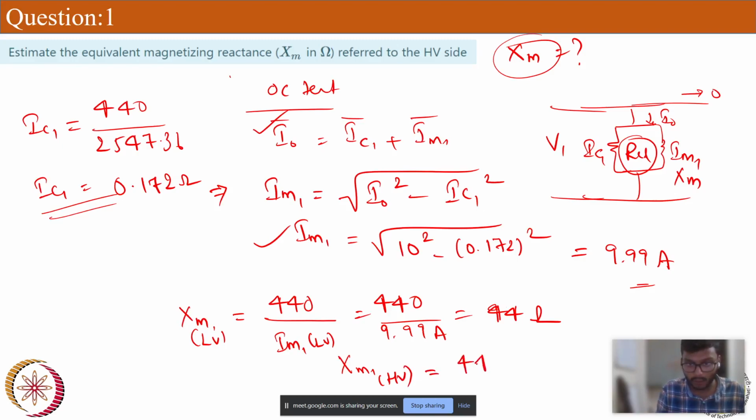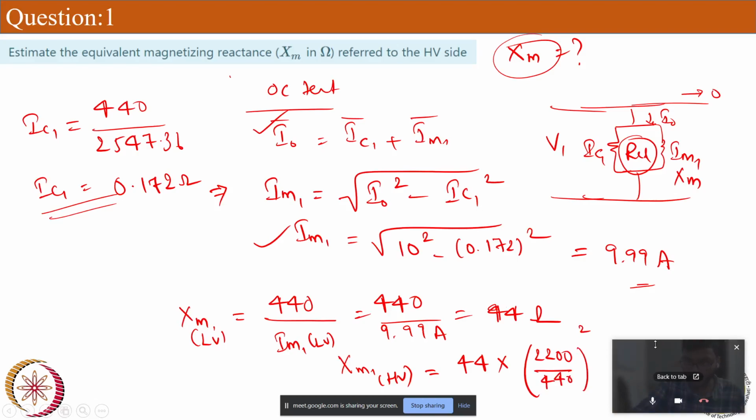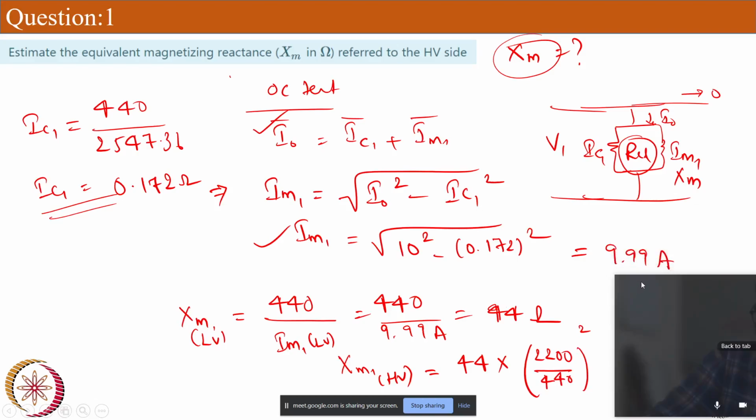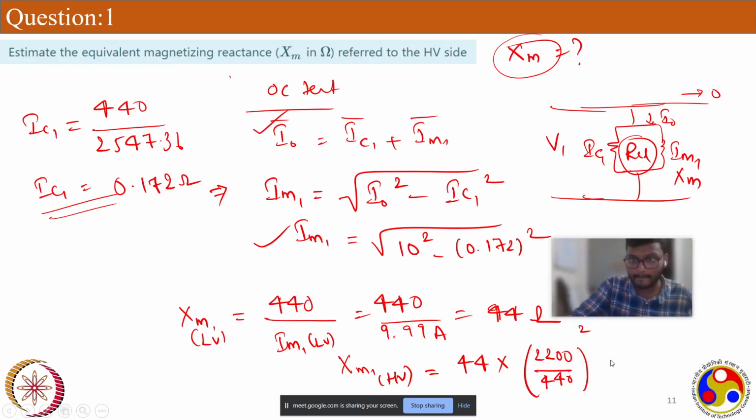Now it will be 44 multiplied by the turns ratio squared, 2200 squared divided by 440 squared. Around something you will get 0.16 ohm.